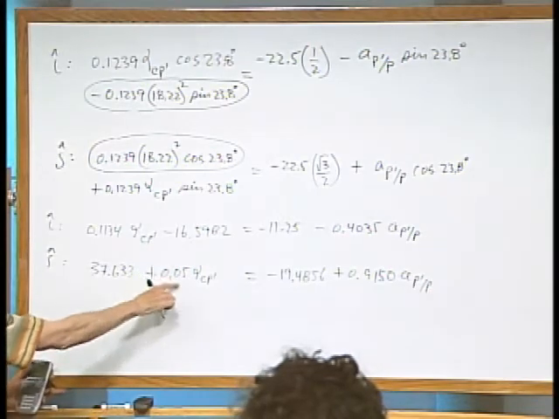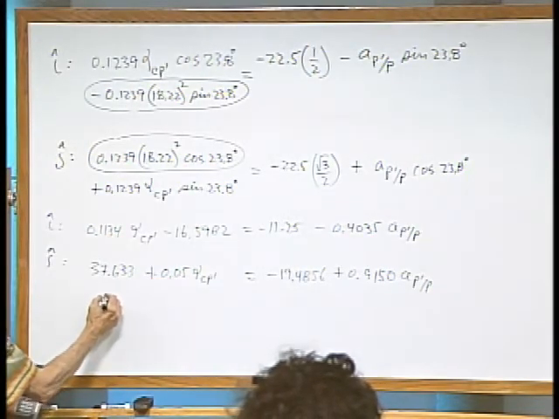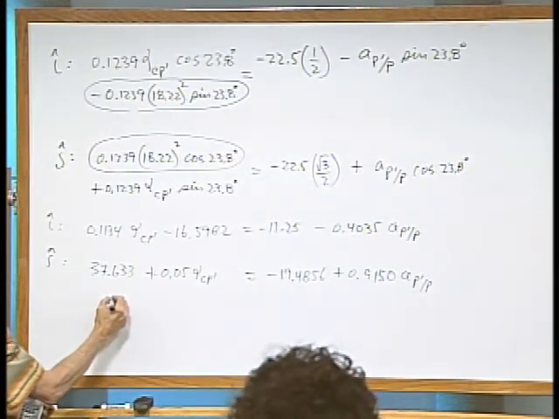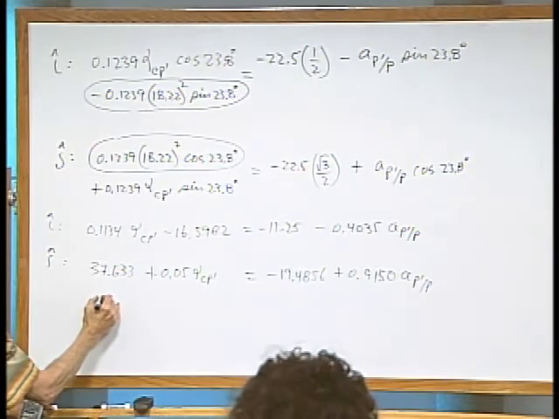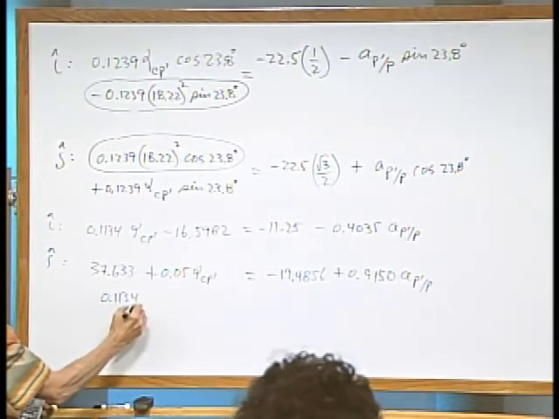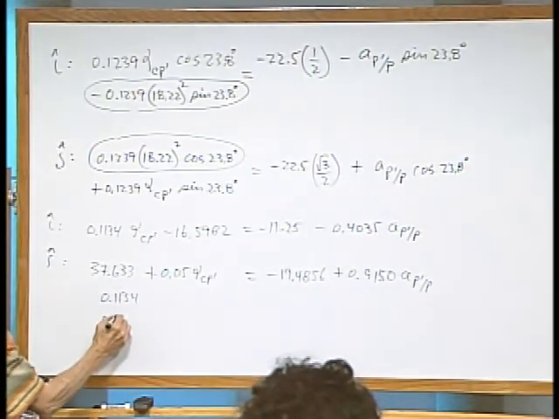If we put our alpha terms first, we could set this up in this fashion. 0.1134, and below it 0.05.